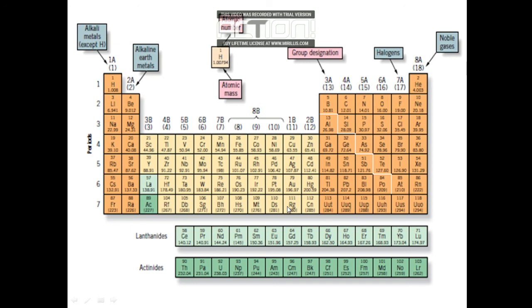The higher the electronegativity of an atom, the greater its ability to attract spare electrons. The electronegativity of an atom increases as you move from left to right across a period in the periodic table and decreases as you move from top to bottom down a group in the periodic table.